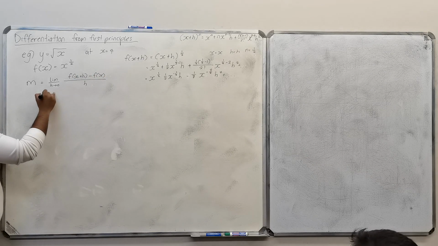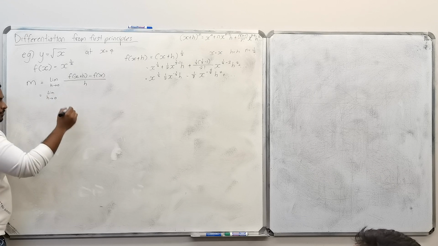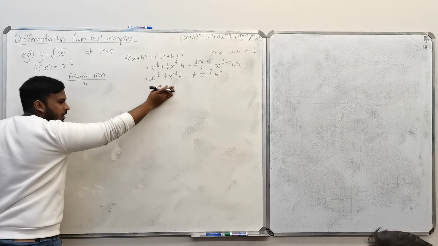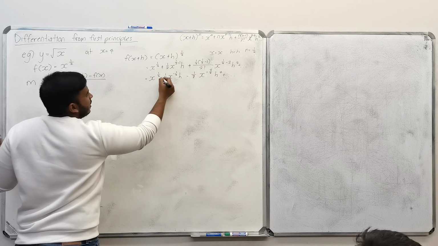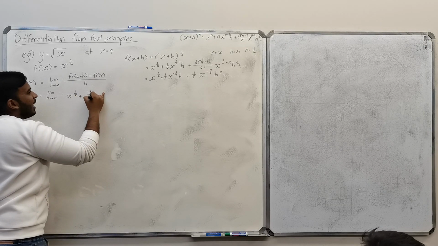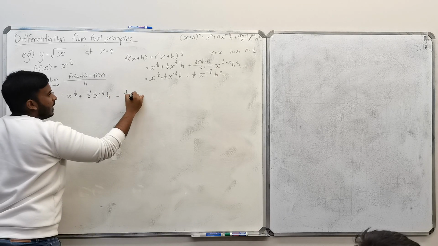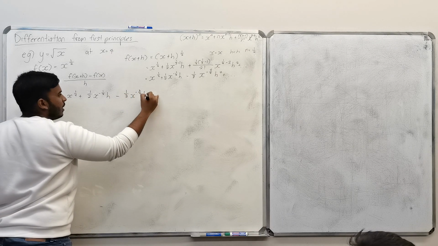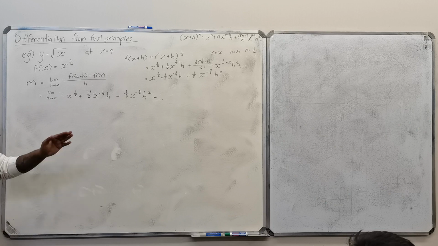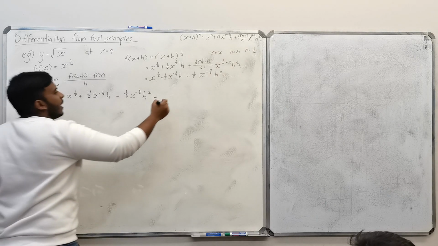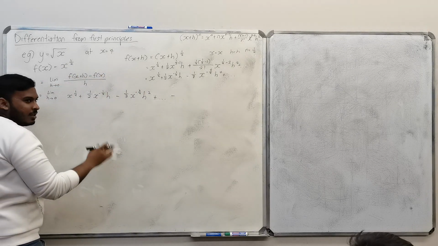This will be the limit as h approaches 0 of f of x plus h, which is x to the power half plus half x to the power minus half h minus 1 over 8 x to the power minus 3 over 2 h squared, plus all the powers of h later on. But we only need to show the first three, right? Minus x to the power half, because that's f of x.